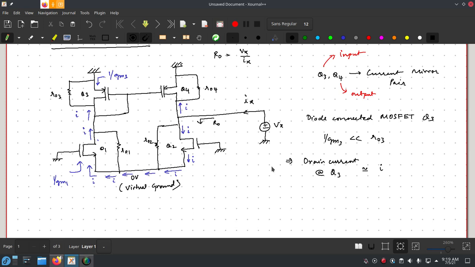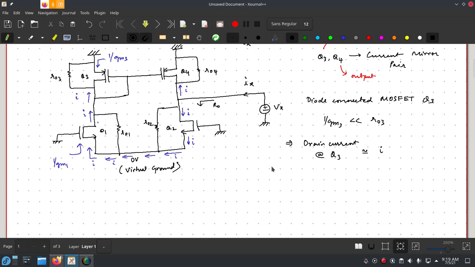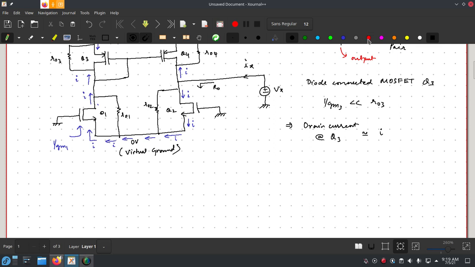Now comes the important part: actually finding out what this I value is. If I see in this direction, the impedance which I see is R02.